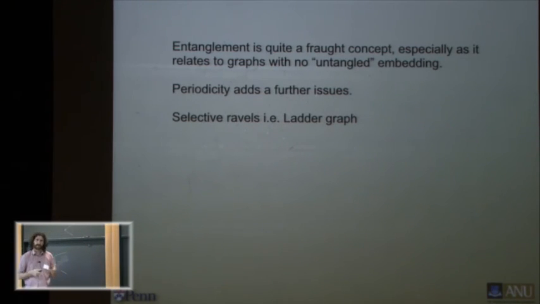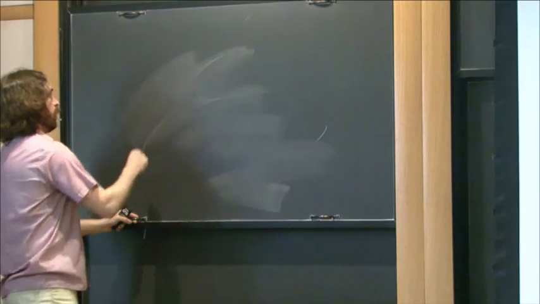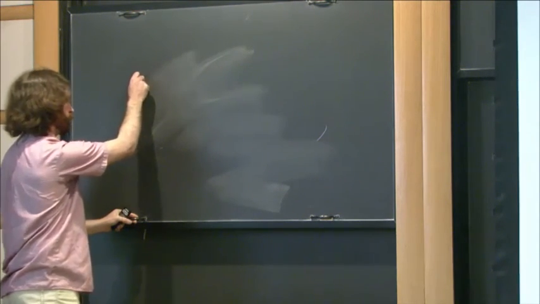This also has to do with the selective graphs that I mentioned before. My main problem with Flapan's definition was that it didn't address the role of selectivity. So what happens if you have a graph? Let me see.